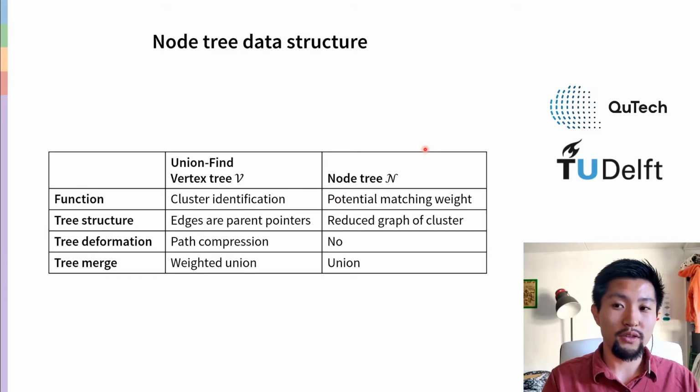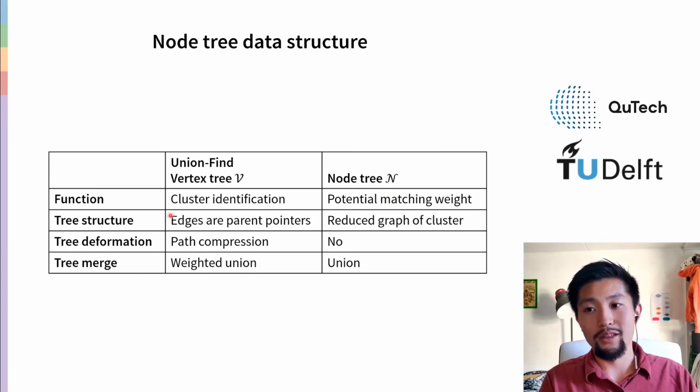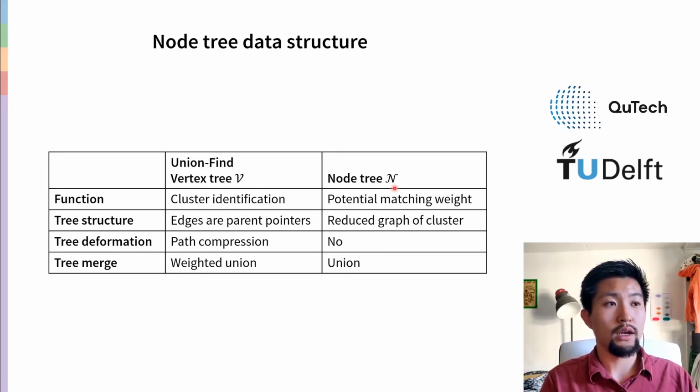Whereas in the node tree, the tree does not deform. And in the tree merge, when trees merge within the unified vertex tree, we can apply weighted union again to reduce the complexity. Whereas in the node tree, we just apply a union. There are some specific rules involved, which we will see later.